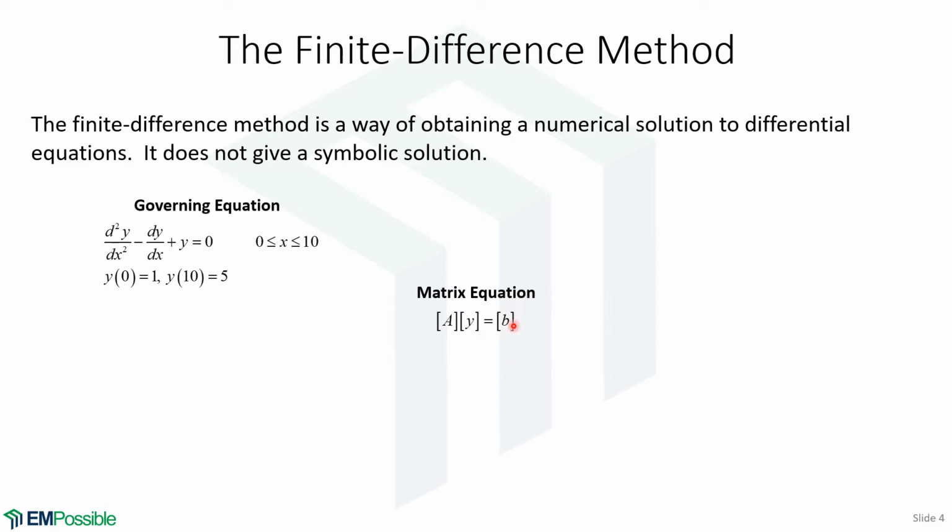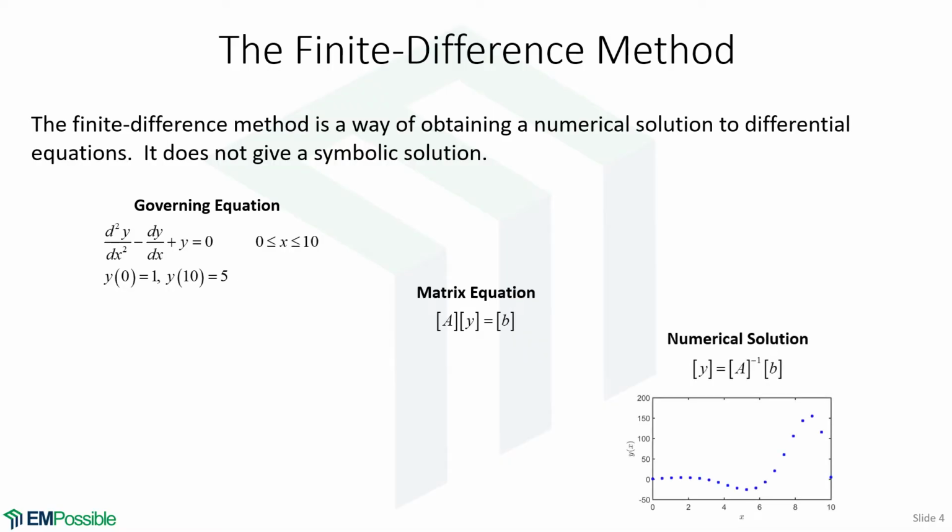Once we have this matrix equation, we really can kind of forget about how we went into matrix form and just think of this y as our unknown. And if we solve that for y and plot it, we will get our answer. So this last step here, we can kind of forget that we solved this by finite differences. Maybe it was finite elements that brought us here.